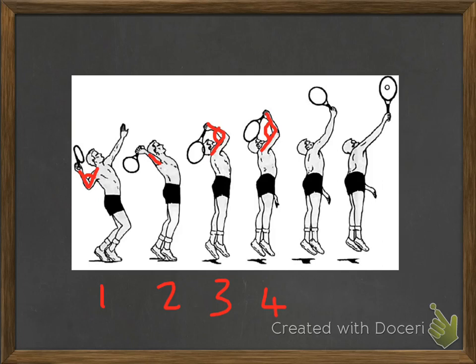Number 4, we're probably looking at 90 degrees, a little bit bigger. We're almost at 180 by picture number 6. So this is extension. The angle at the joint, if we look at the measurements, is increasing. Easy.